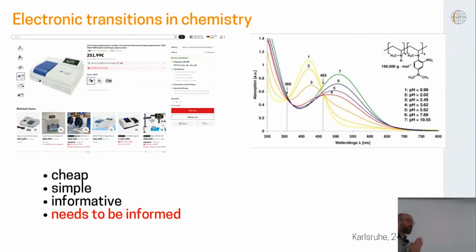If you remember yesterday's talks about NMR, you can see a drastic difference. This is actually not just electronic, but ultraviolet-visual spectrum, colors which you more or less can see with your eyes.